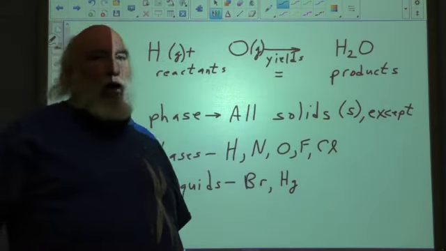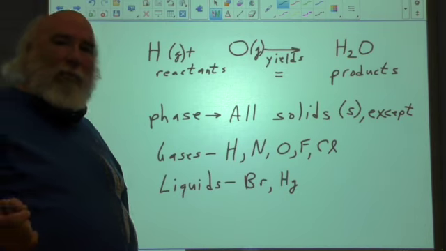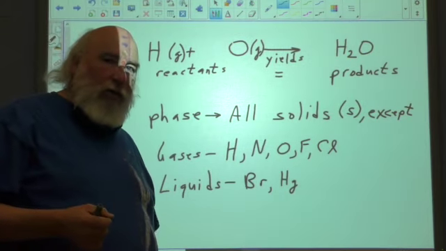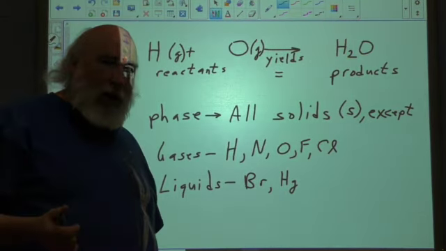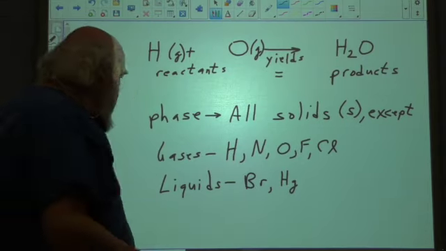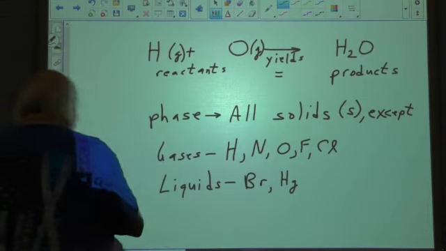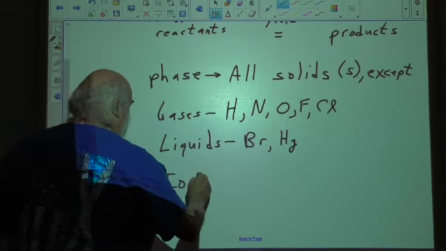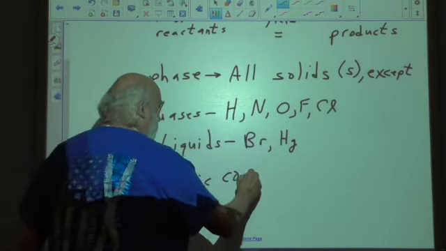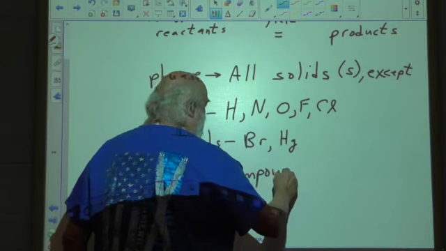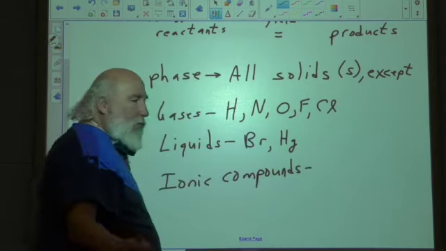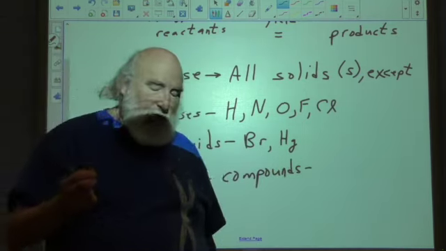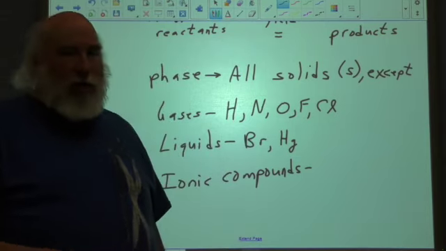Now let's talk about compounds, because we've now dealt with 2 chapters of different types of compounds. One was ionic and one was covalent. All right? Now, in ionic compounds, I gave you 2 physical properties for ionic compounds.